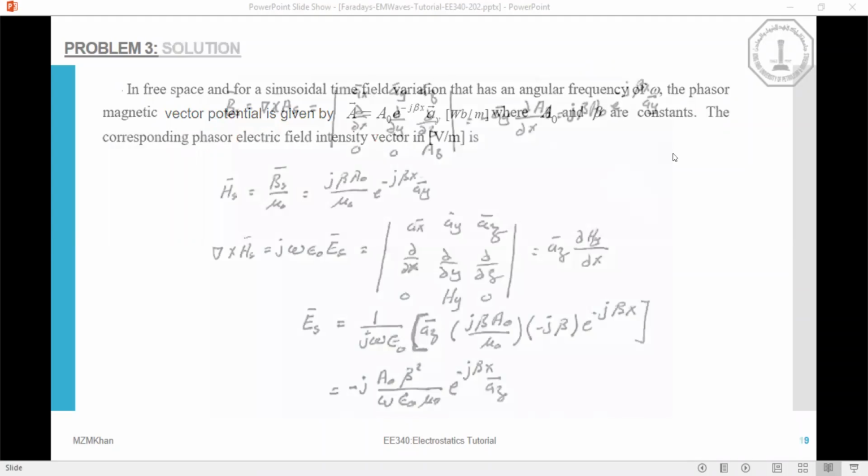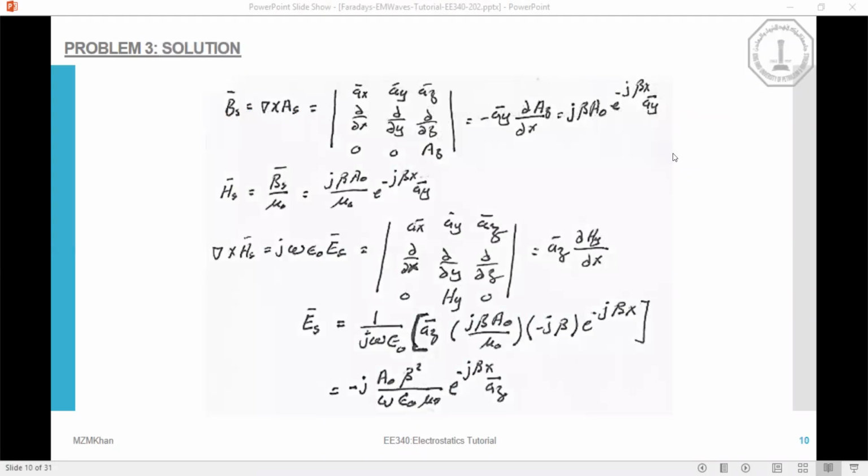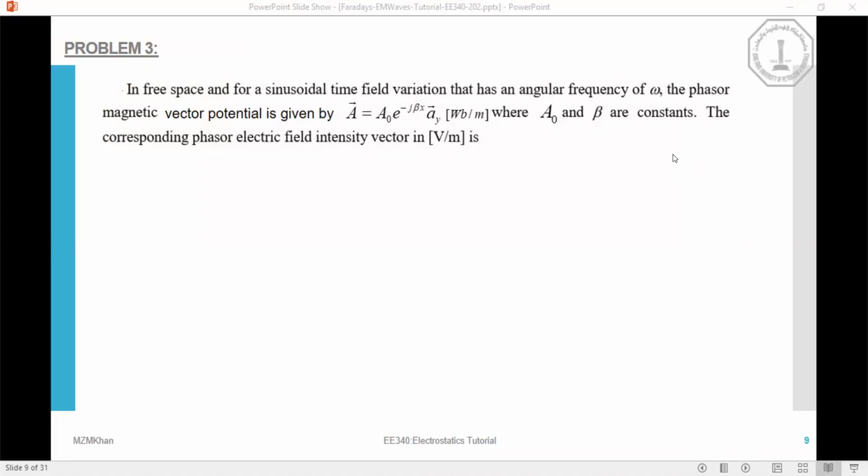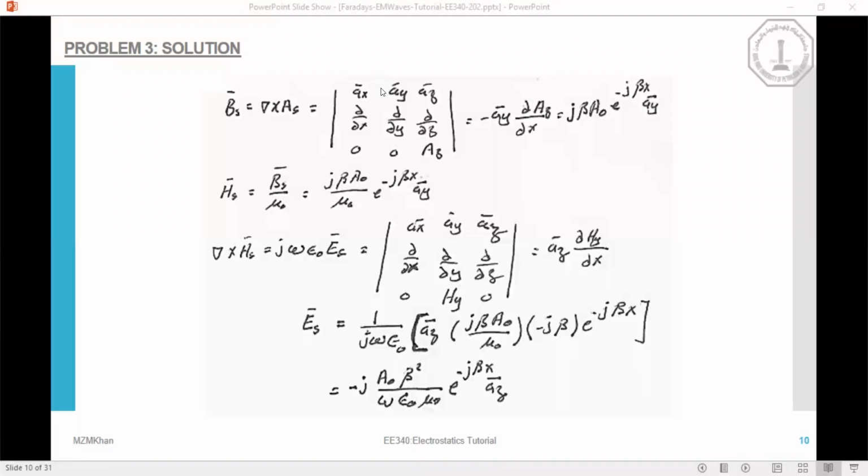So in this problem, guys, the only thing is you need to give a pause for a minute and try to think how you should proceed. Once you are clear with your steps, it is straightforward substituting in the equations and finding the results. See here, first I'm finding the phasor BS, which is del cross AS.